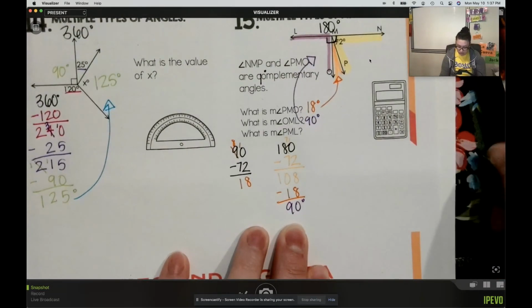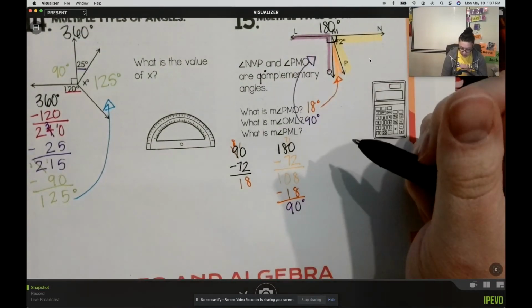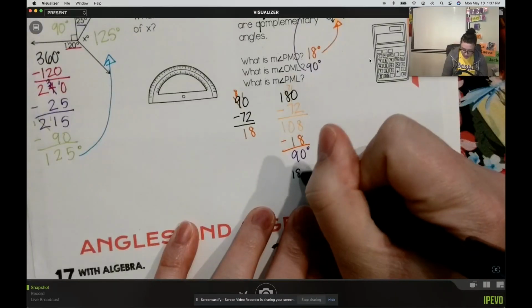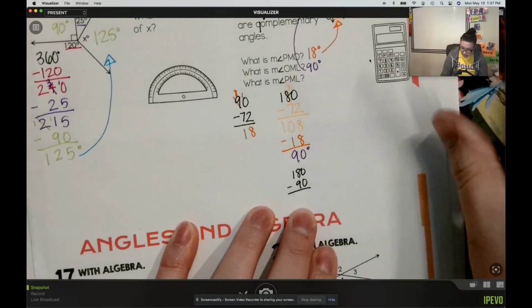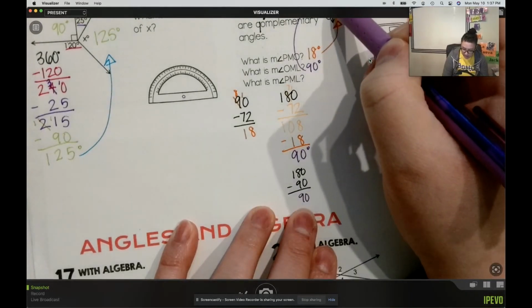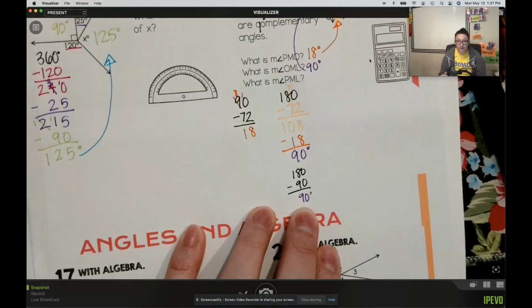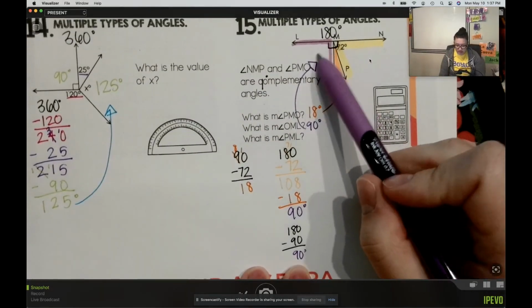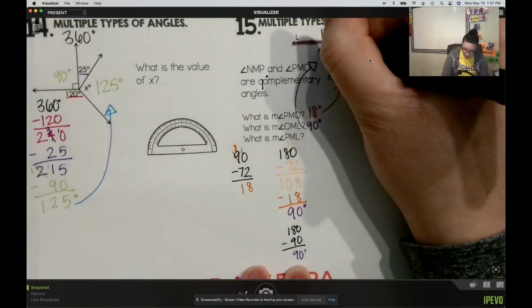Or you could just do 180 minus 90 to get that 90. Because I know that these are complementary, they add up to 90, and subtract that way. Any of those three different ways work to get that this side is also going to be 90 degrees.